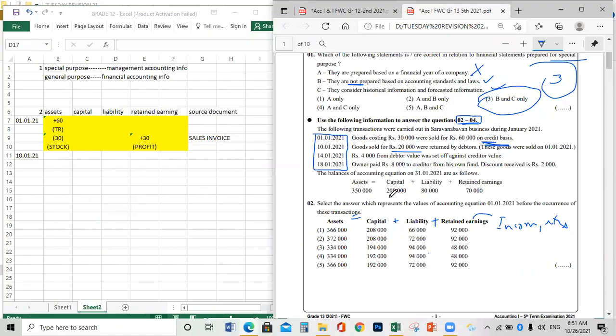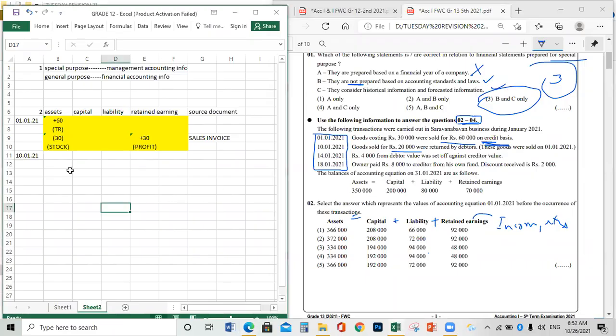So that means now you have to find the cost of these goods. Out of this 60,000 goods which you sold, 20,000 worth of goods were returned.